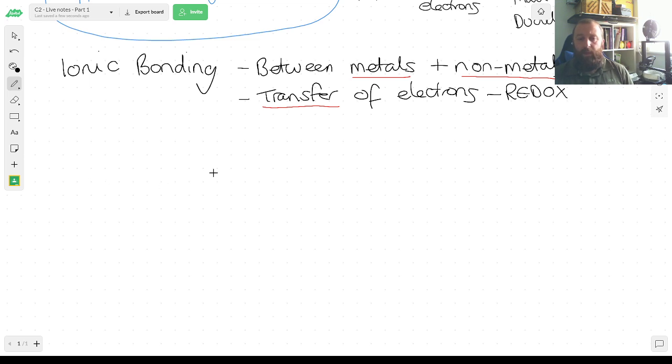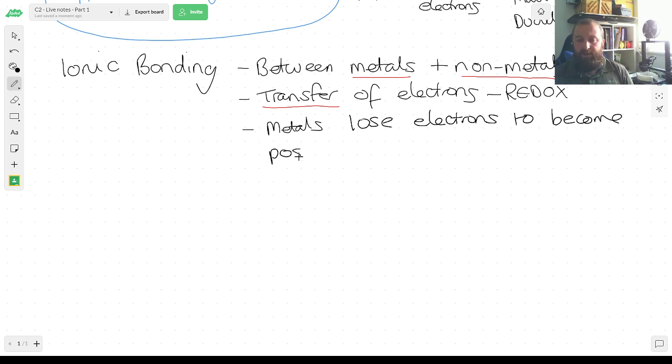We should also know that metals always lose electrons to become positive ions. Okay, so metals always lose electrons to become positive ions.